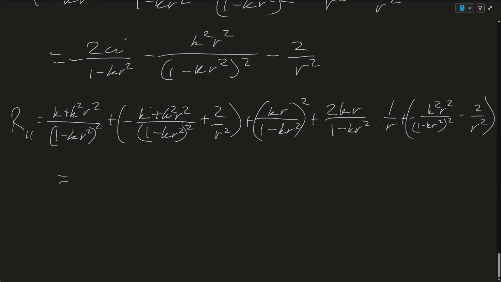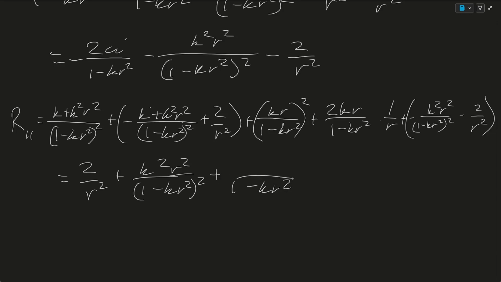Now we can simplify this down. This is 2 over r squared plus k squared r squared over 1 minus kr squared all squared, plus 1 minus kr squared, 2k over that, minus 1 minus kr squared, r squared, minus 2 over r squared.